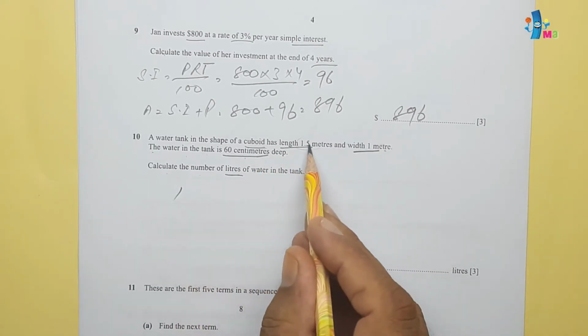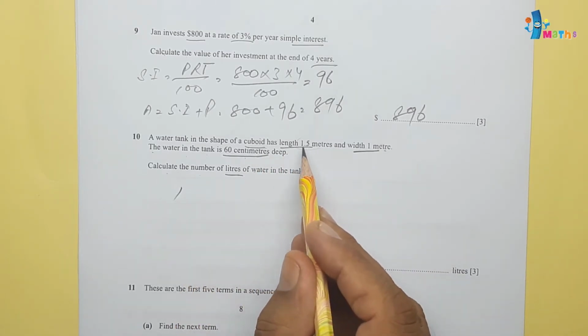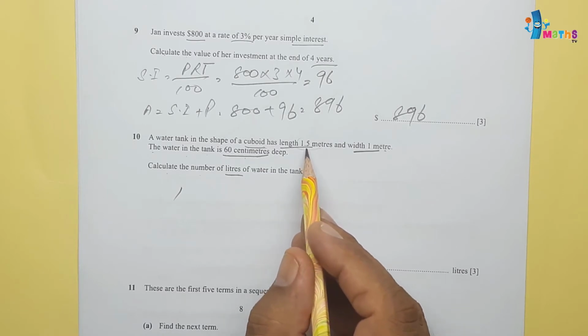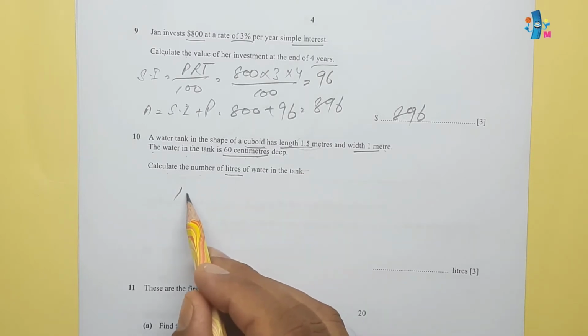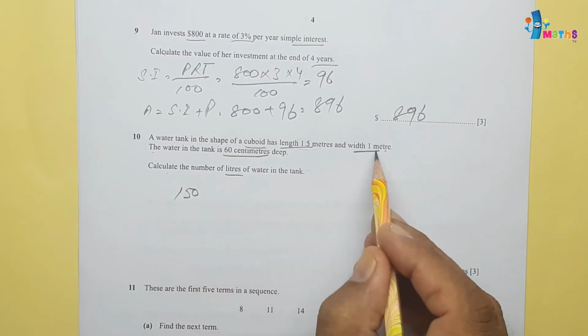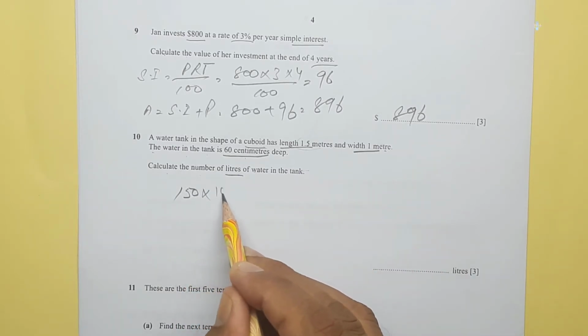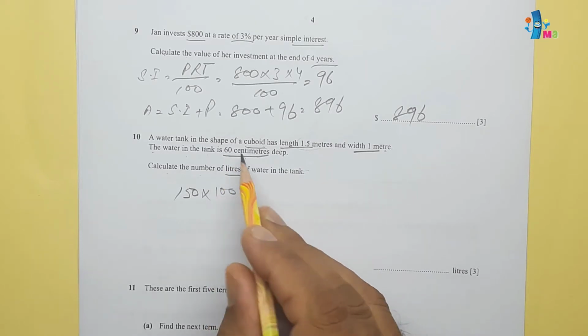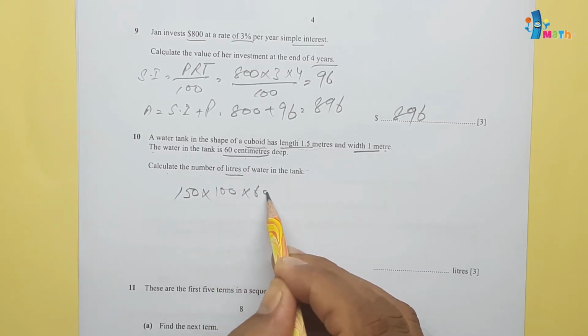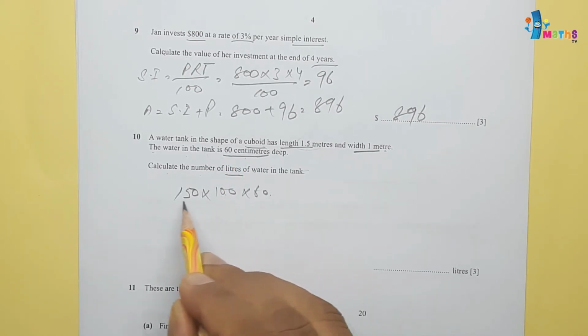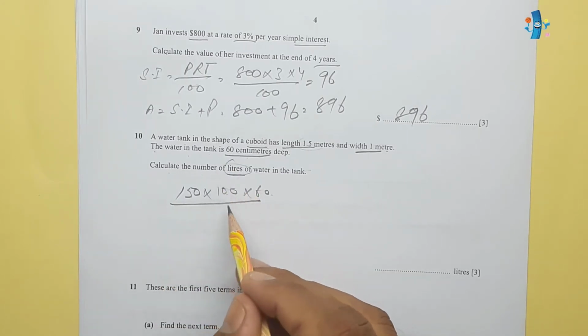So 1.5 multiplied by 100, since 1 meter has 100 centimeters, will be 150, and 1 meter will be 100 centimeters, and this depth will be 60. So length into width into depth, and divided by 1000. Why?